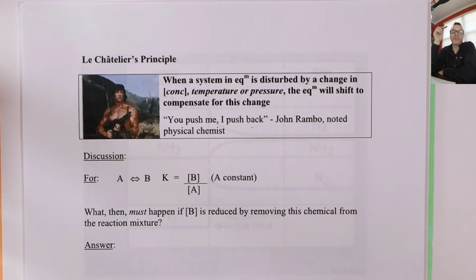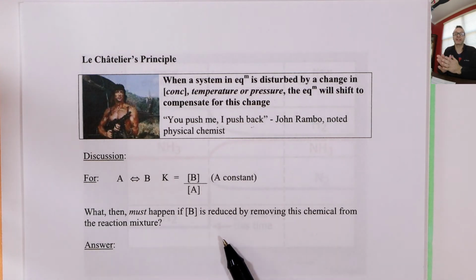The bottom line is, remember, an equilibrium is an equilibrium for a reason. It wants to be at its most energetically stable. That means a certain ratio of products to reactants. So if I change something, it's going to get back to that ratio. There's some neat tricks you can play here. If I have some reactants and products at equilibrium sitting in a vessel and somehow I remove some products, more reactants will turn into products to get that ratio back.